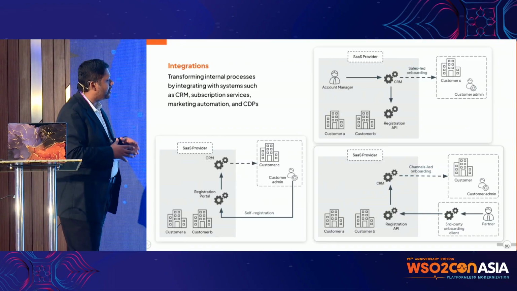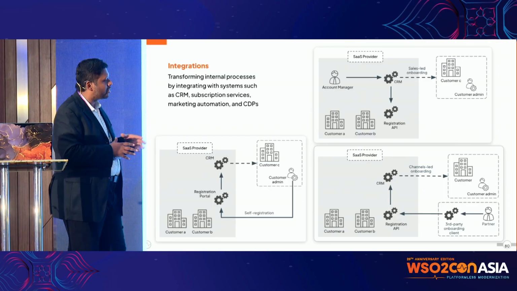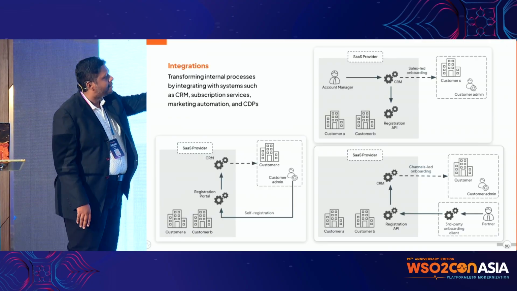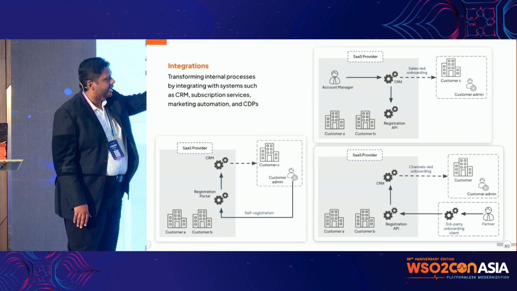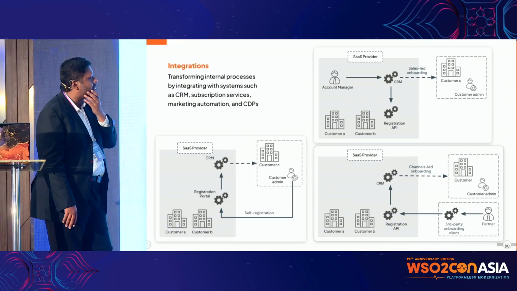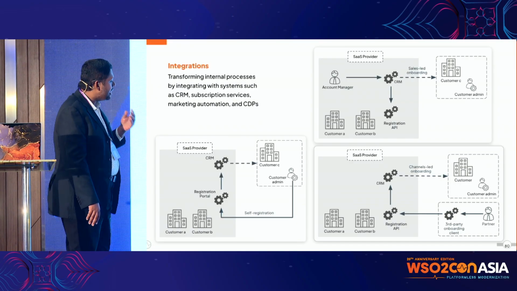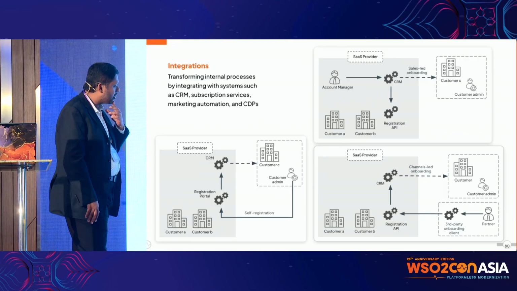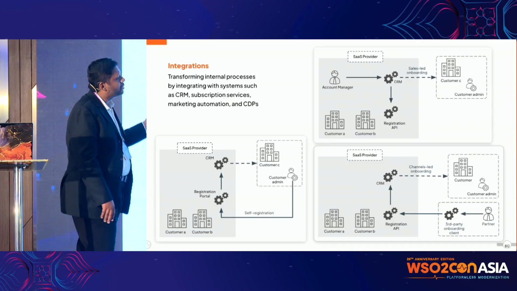This, for example, talks about how you can do a registration flow. There are multiple ways of doing a registration flow. The simplest way is that an account manager sends an invitation to the customer admin, and then the admin onboards to the system. That's a sales-led onboarding. On the other hand, the same onboarding can happen by the customer coming to a self-registration portal, which kicks off a process in the CRM system, which ends up in the same state.